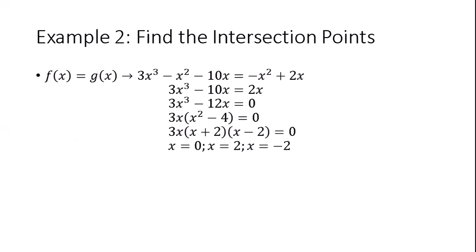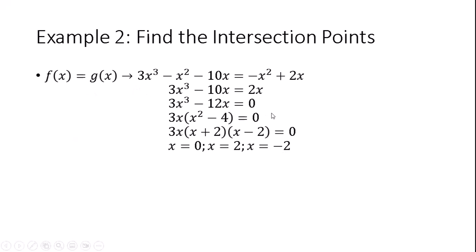We can factor out 3x to have 3x times quantity x squared minus 4 equals 0. X squared minus 4 is the difference of squares, so we factor that accordingly. And we have 3x times quantity x plus 2 times the other quantity x minus 2, and all that's equal to 0. So now I can set each factor equal to 0 and solve, and I get x equals 0, x equals 2, x equals negative 2. And these are the intersection points between f and g.